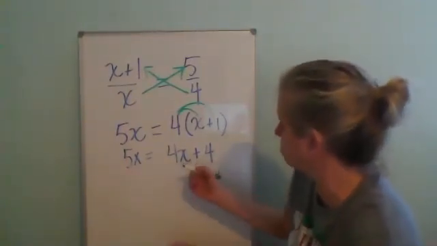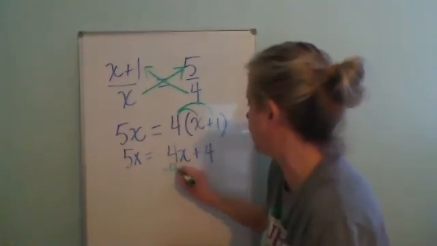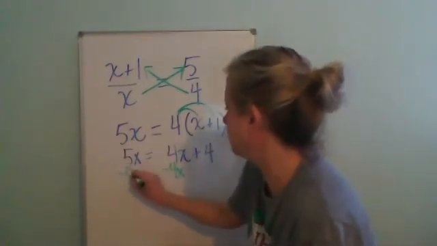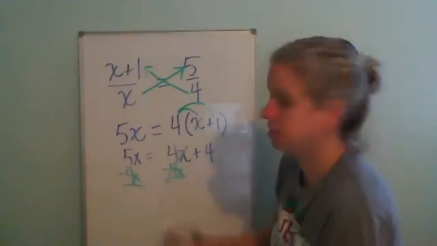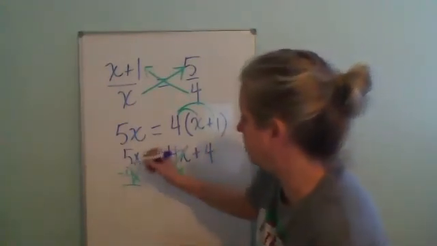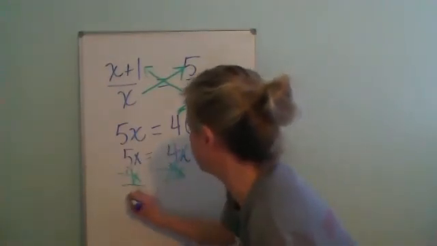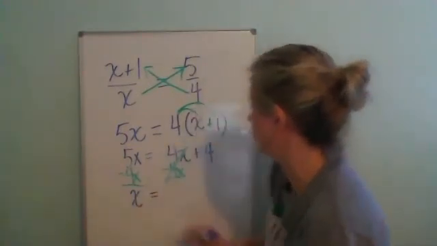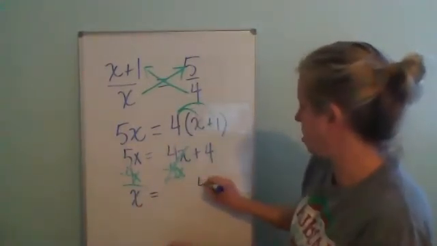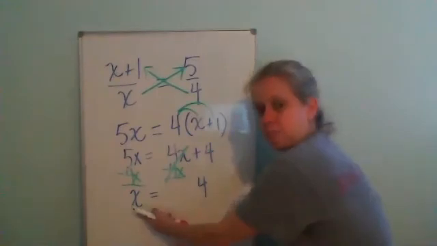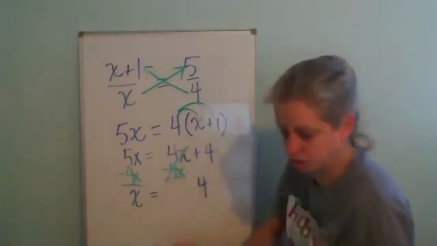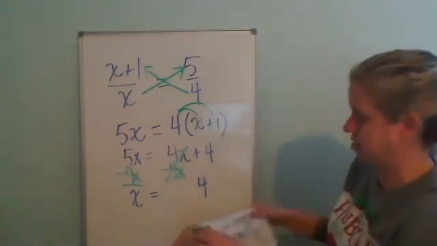So let's get rid of our small x. So I'll subtract 4x from both sides. And let's see what's left. 5x minus 4x is just left with 1x equals, over here, all that's left is 4. Well, good. We're done, because look, we're just down to x equals 4. So 4 is your answer.